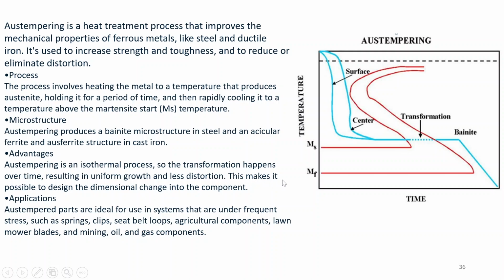This makes it possible to design the dimensional change into the component, and austempered parts are ideal for use in systems that are under frequent stress, such as springs, clips, seat belts, loops, agricultural components, lawnmower blades, and mining, oil and gas components.